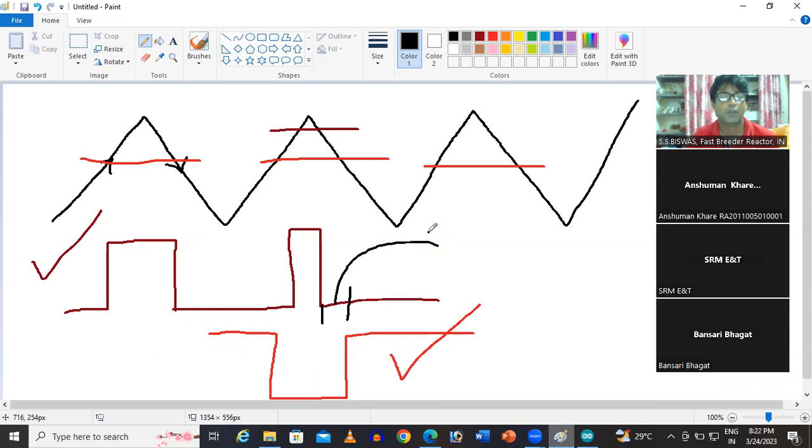This is called in power electronics dead time. So you have to see the switch specification and how much dead time is required for that particular switch. Based on that, you can reduce the value of the output compare register.